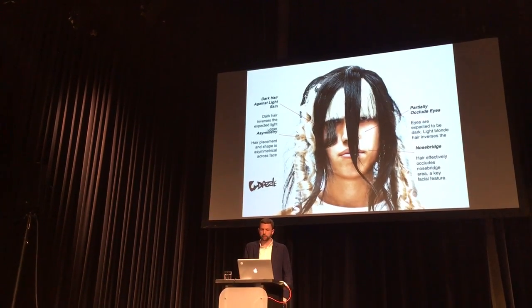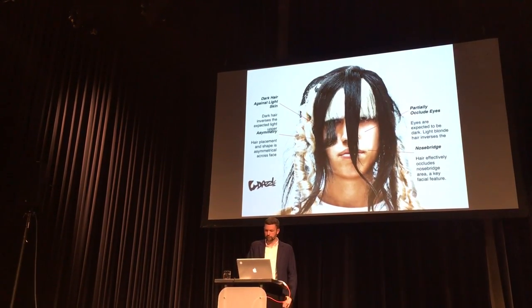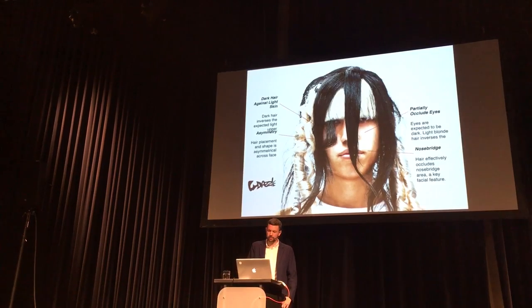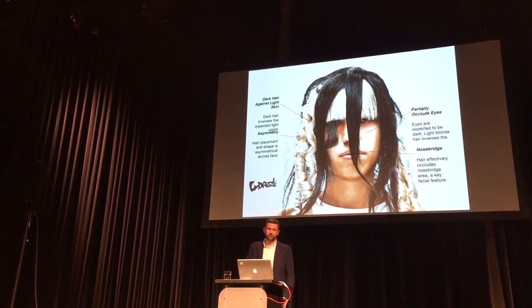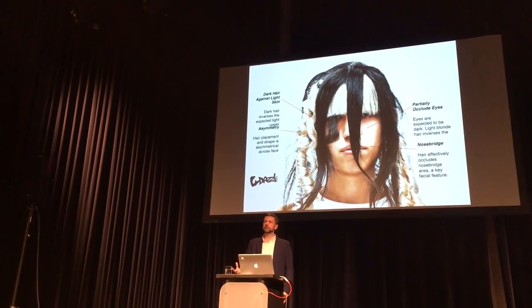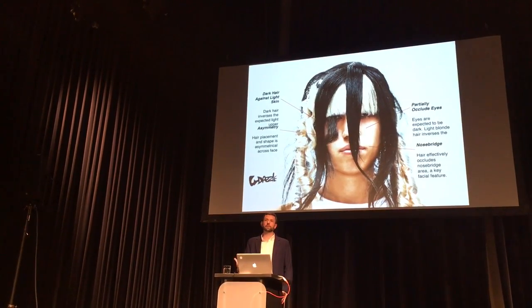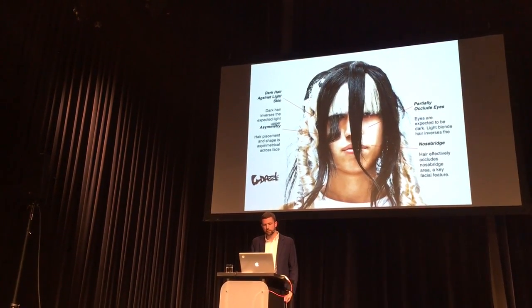So this is another example with a few more specific tips. If you're interested in creating a look, then you can think about creating asymmetry, because these algorithms expect a face to be symmetrical.